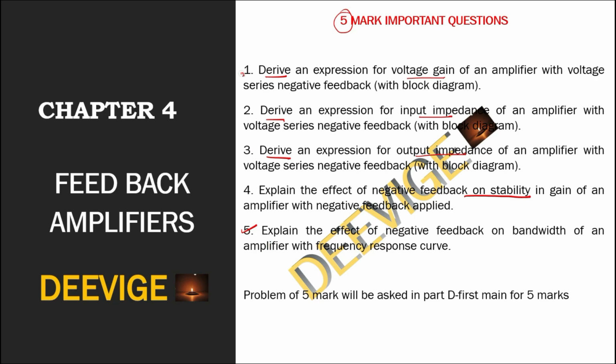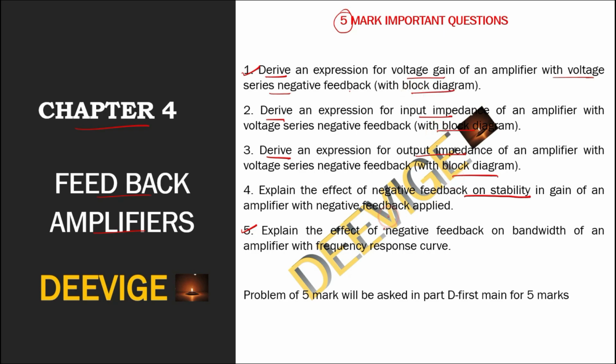So derive an expression for voltage gain of an amplifier with voltage series feedback. Remember students, chapter 4 is meant for voltage series negative feedback derivations only. No other derivations you have in second PU. So you can easily write, but again every derivation should have the block diagram.